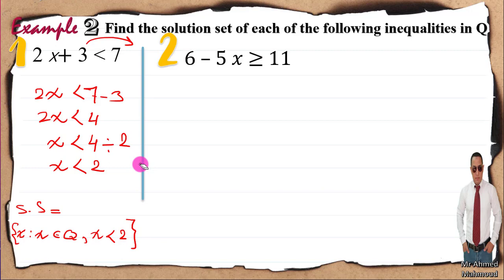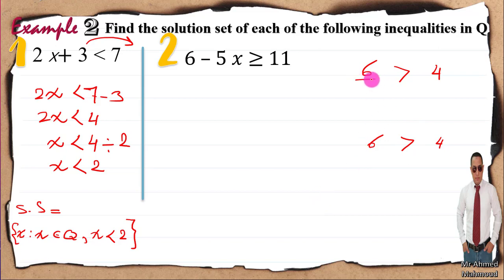For 6 minus 5x greater than or equal to 11. Before explaining this one, I need to do something. What if I have 6 and 4? Which one is bigger, 6 or 4? Of course, it's 6.